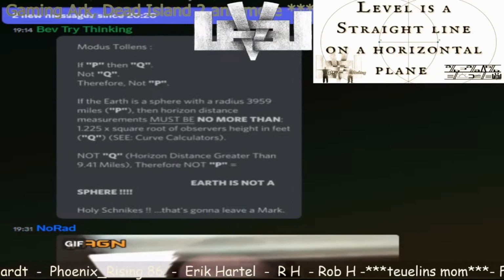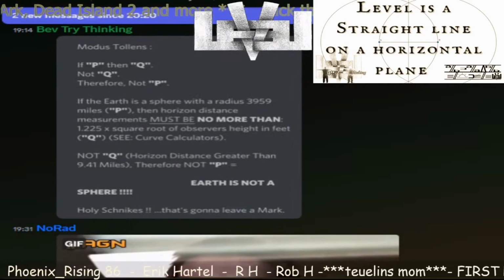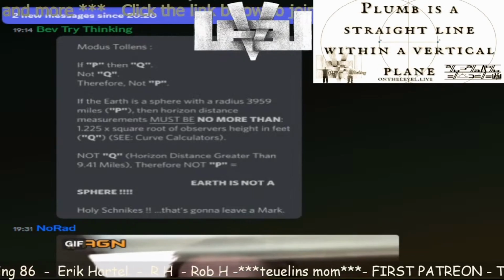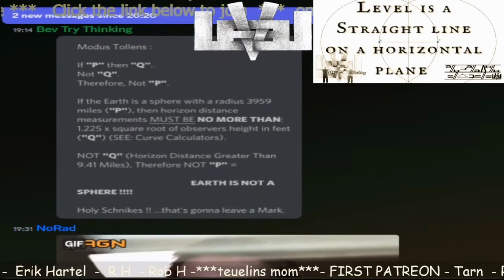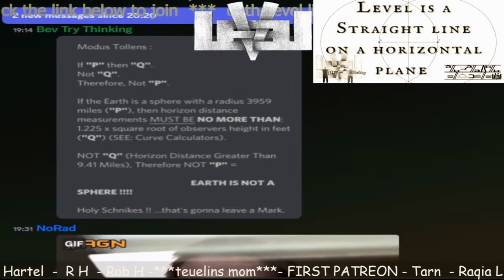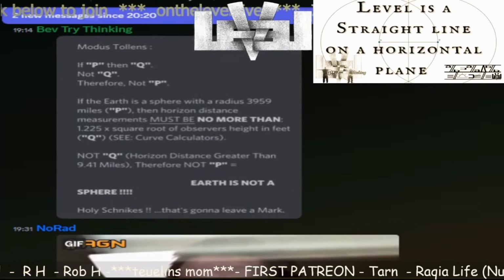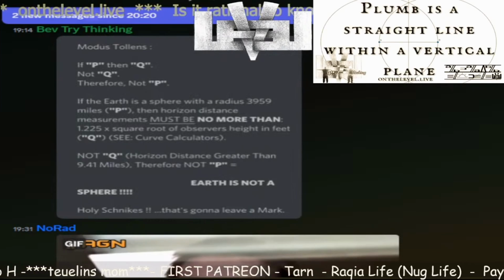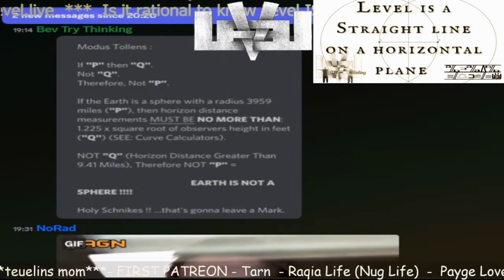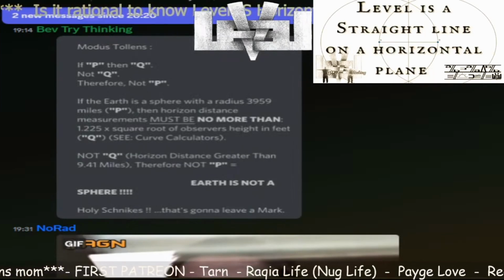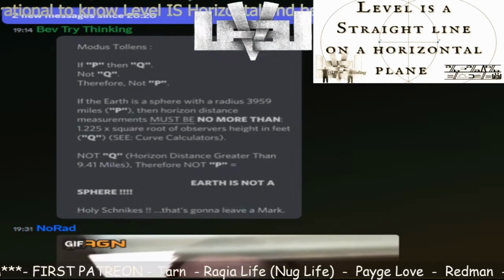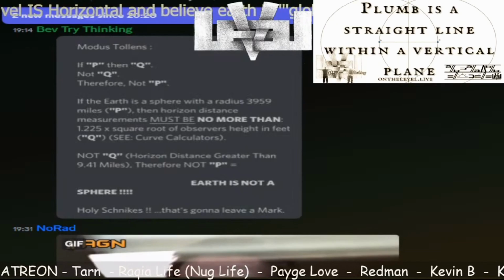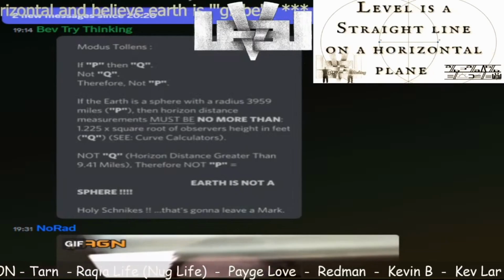I mean, this argument has been around for a while. QE and Nathan Oakley have obviously talked about it quite a lot. Flat earthers are meant to be number one flat earth proof for a couple of years at least. Why is it that nobody really understands what 1.225 times the square root of the observer's height in feet actually means?